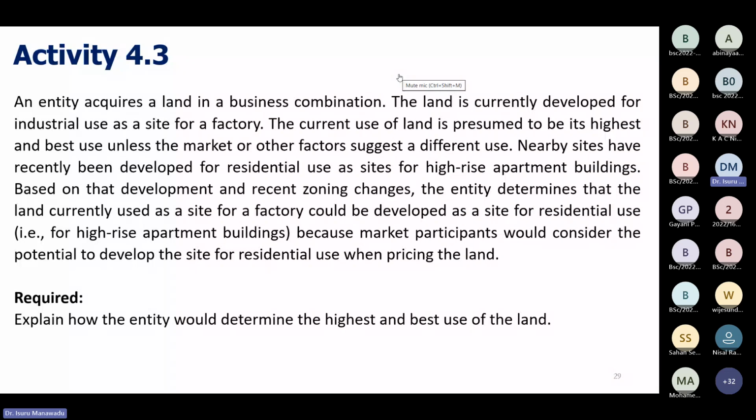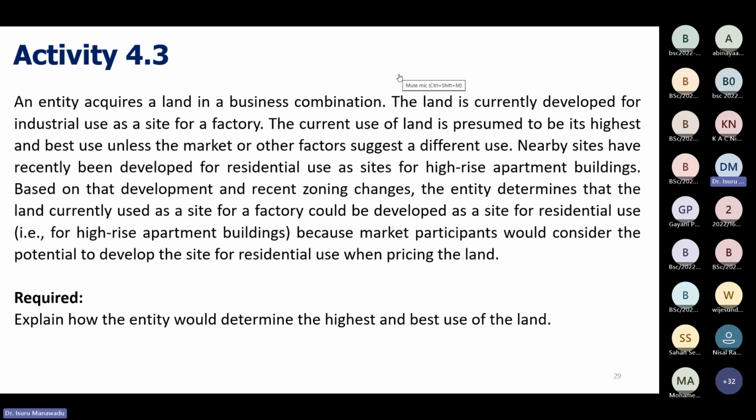Current use of land is presumed to be the highest and best use unless the market or other factors suggest a different use. Nearby sites have recently been developed for residential use as sites for high-rise apartment buildings. Based on the development and recent zoning changes, the entity determines that the land currently used as a site for a factory could be developed as a site for residential use.